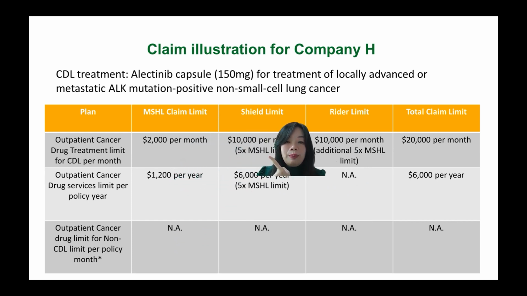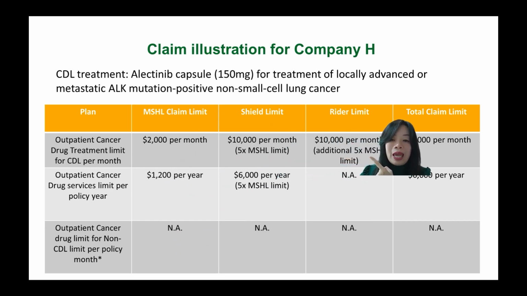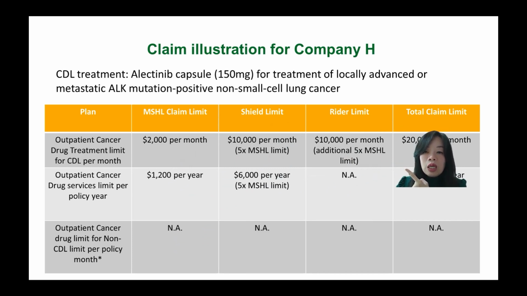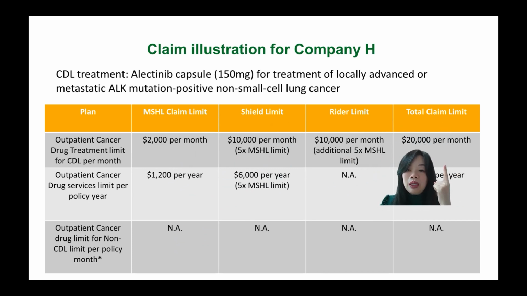If you have the basic plan, it will be 5 times the MediShield Life limit, so it will be $10,000 per month. If you have the rider, there will be an additional 5 times of the MediShield Life limit, a total of another $10,000 per month, which means the total claim limit will then be $20,000 per month.